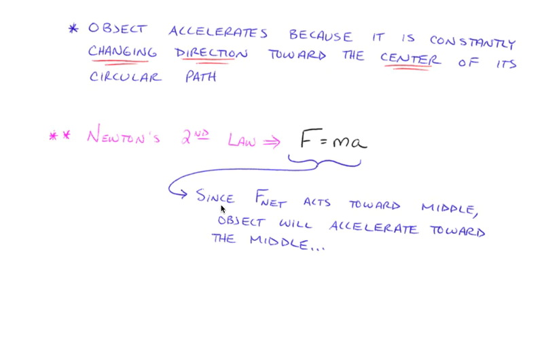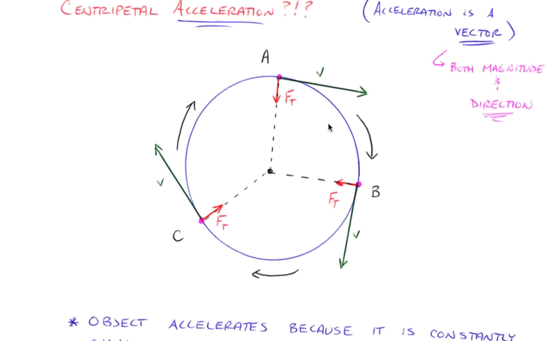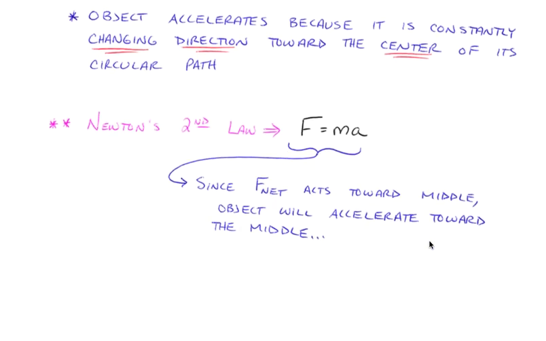So it makes sense that since the F net in this case acts towards the middle, just like those other examples, the object will accelerate towards the middle. So there are two different ways: you can use Newton's second law to explain how that net force causes that center-seeking acceleration, or you can realize that the direction of that object is constantly changing towards the center, another way of understanding how this acceleration exists towards the center.